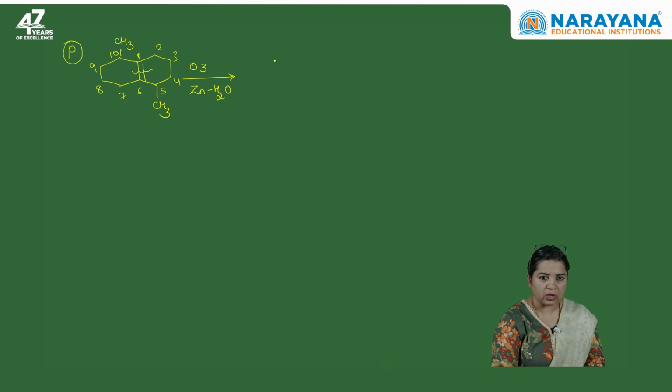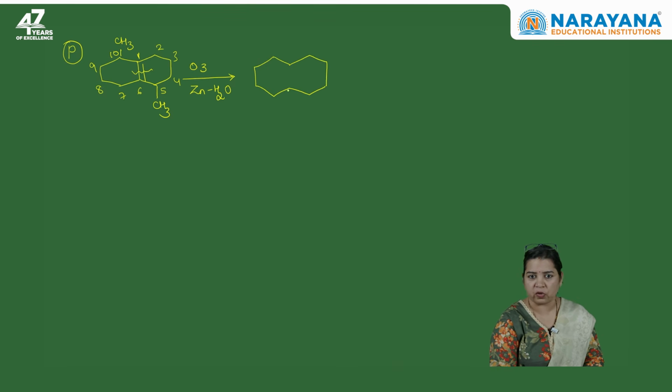So when this structure opens, excuse me for the incorrect representation, but to continue with more accuracy, I will prefer this type of representation, right? Let me repeat the positions: 1, 2, 3, 4, 5, 6, 7, 8, 9, and 10, right?